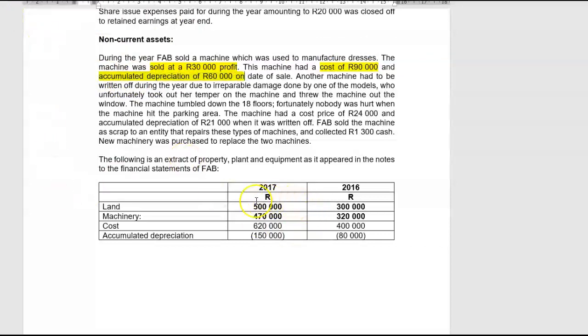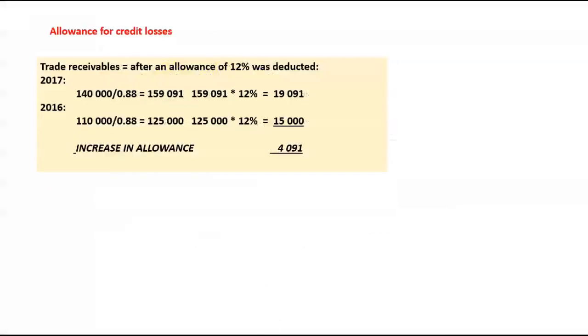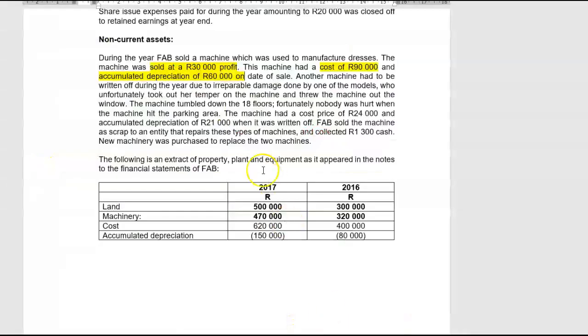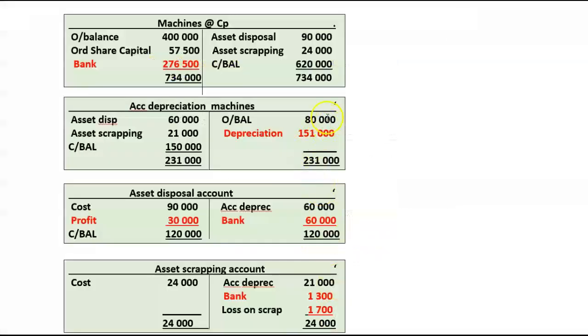Good, so let's start then with our machinery at cost. Cost price of machinery will have an opening balance of 400,000 and a closing balance of 620,000. Our accumulated depreciation is going to have an opening balance of 80,000 and a closing balance of 150,000.